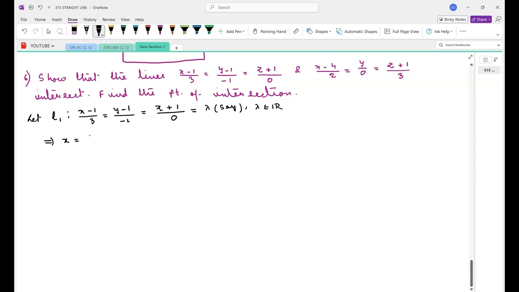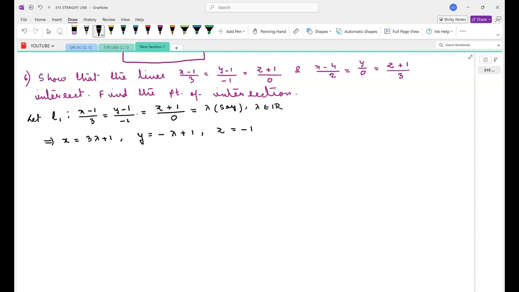So x equal to 3 lambda plus 1, y equal to minus lambda plus 1, and z equal to minus 1 from here, right?